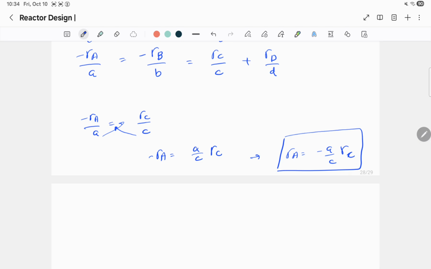And that's how you relate one reaction rate to another in case it's given in a problem statement in a reaction rate that's not useful. You'll use the stoichiometric coefficient to convert it to the reaction rate you want. Okay, that's it for this class, and see you in the next one.